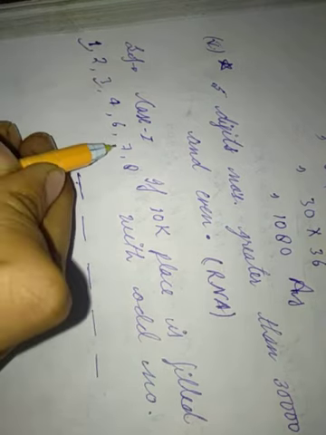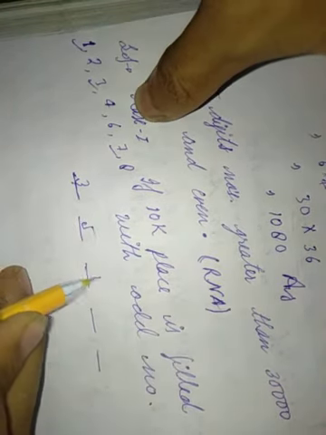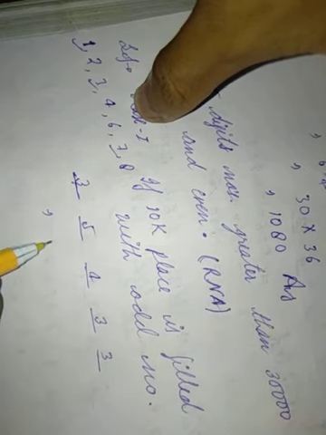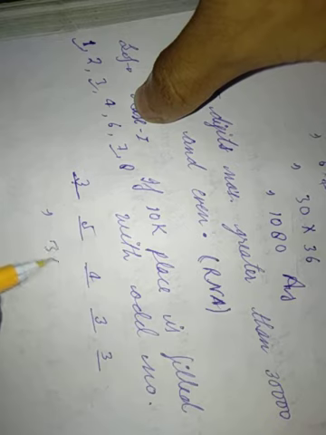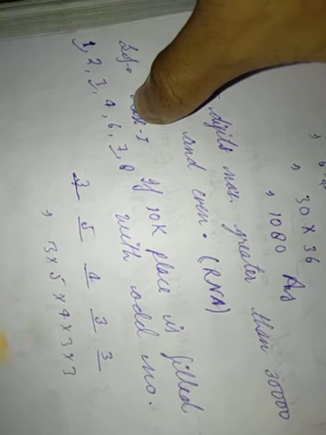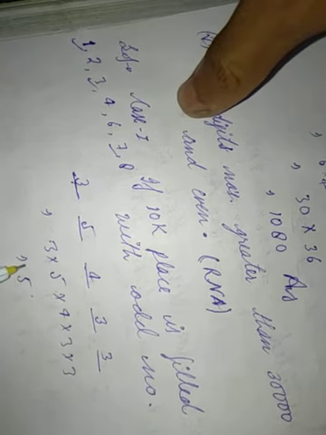The odd numbers are 1, 3 and 7. In this case repetition is not allowed. Multiply 5, 4, 3, 3.